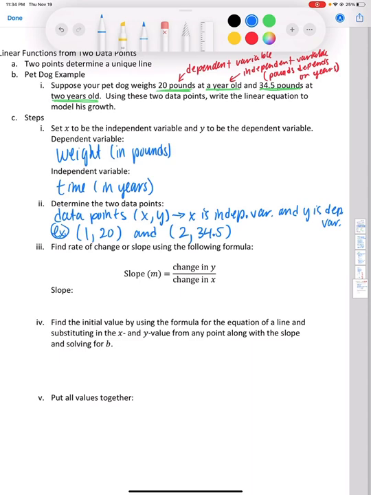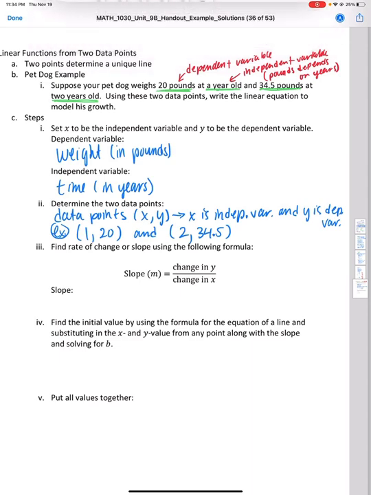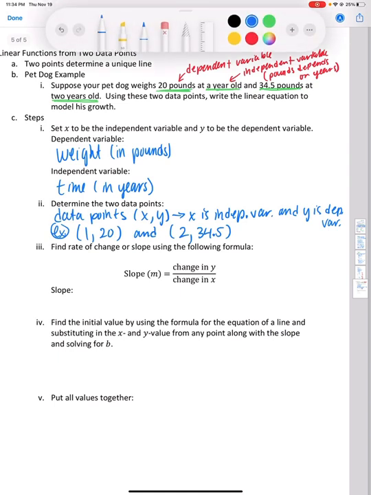Now, in order to build this linear function, we need to find out what the rate of change is. Okay. We know that the rate of change is the change in the dependent variable over the change in the independent variable. Okay.